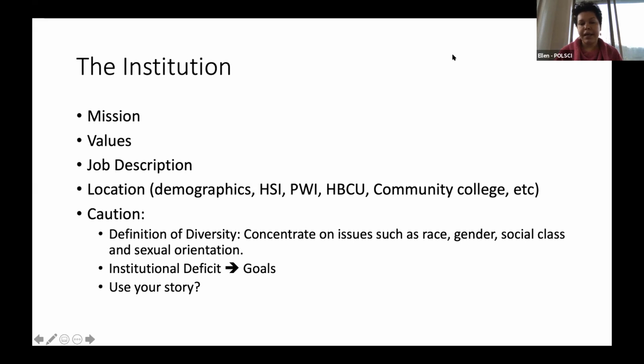Sometimes it is a HSI, a Hispanic serving institution, or maybe you are applying to an institution that is predominantly white, or a historically Black college or university, or a community college, which could have a larger percentage of non-traditional students.